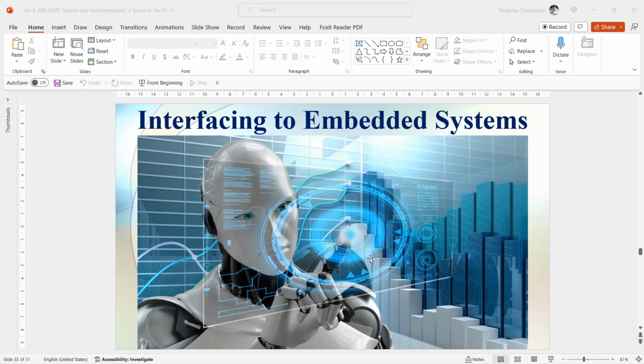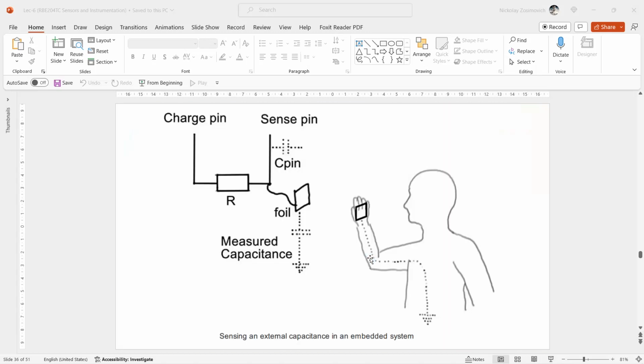And this figure shows a schematic method for measuring externally caused variations in capacitance using a microcontroller. One side of the capacitor is formed by a piece of conducting material, such as an antenna or section of foil. One pin of the microcontroller is used to charge this capacitor.